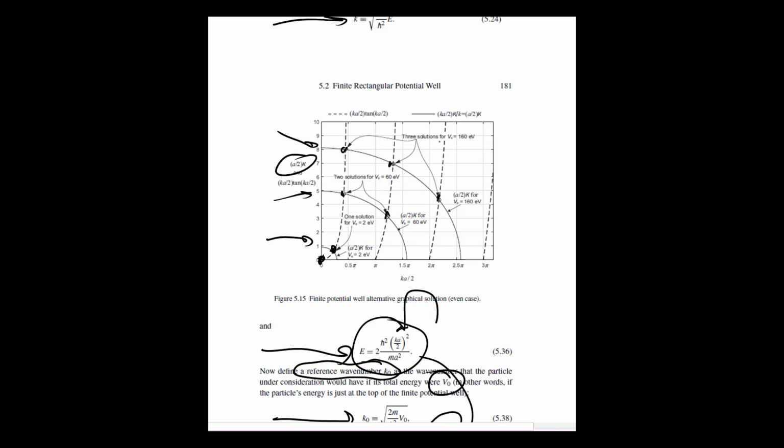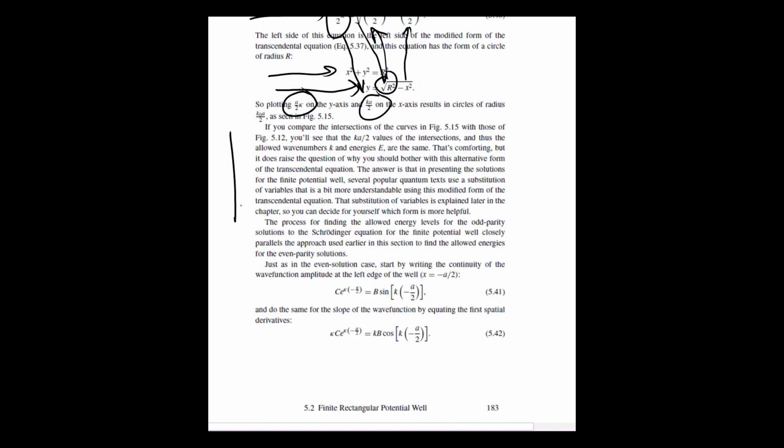So this form of the plot is going to give us the exact same answers. It's just going to be a little more useful when we introduce the change of variables that many quantum books use. That's explained here, and we'll get to that substitution of variables after we find the odd parity solutions.